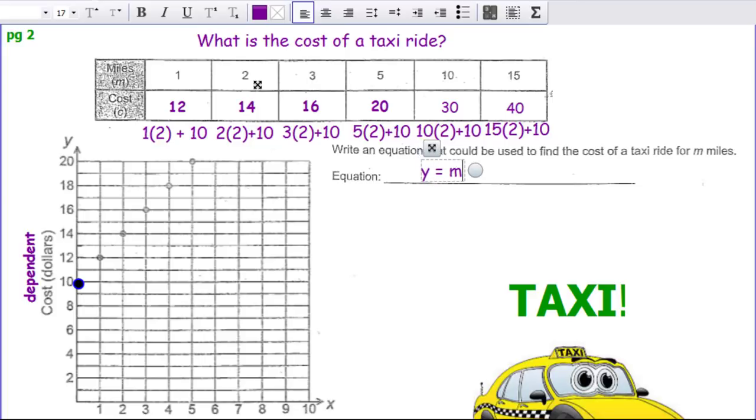It's going to be m, that's the number of miles, times 2. But that's the coefficient, 2m, because the standard way to write it is to write the coefficient first. So it's 2m plus the constant of $10 that it costs us just to have the cab pick us up. And that is a solution to this problem.